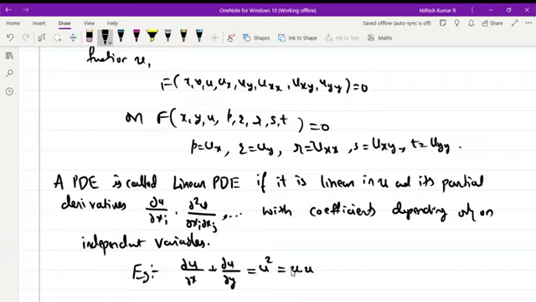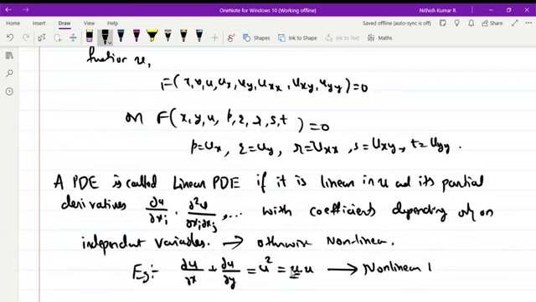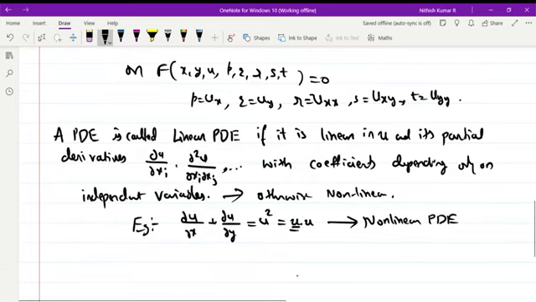So u is a function and it has a coefficient which is a dependent variable. So it is not a linear differential equation. So here we defined what is a linear differential equation. If it is not linear, then otherwise it is non-linear. Therefore this equation is a non-linear partial differential equation.